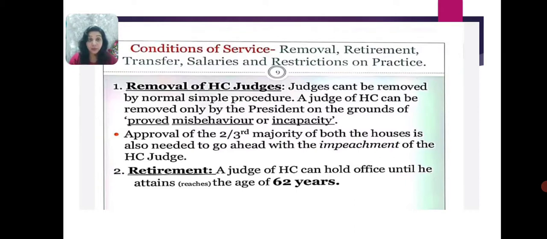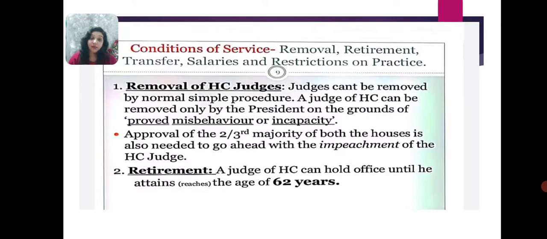Judges can't be removed by normal simple procedure. Keep in mind, their misbehavior has to be proved in front of the president on solid grounds. Second is, for this approval, around 2/3 majority of both the houses of the parliament should put a signature or give their approval to show that this high court judge can be impeached.